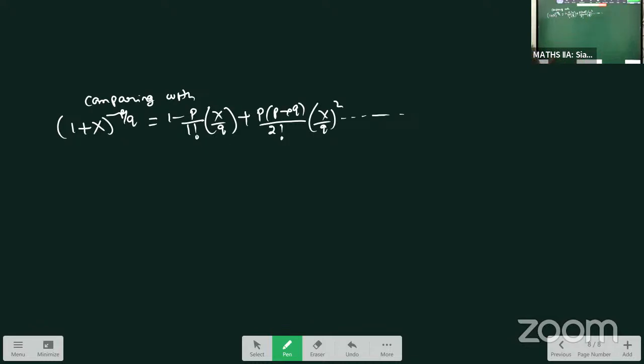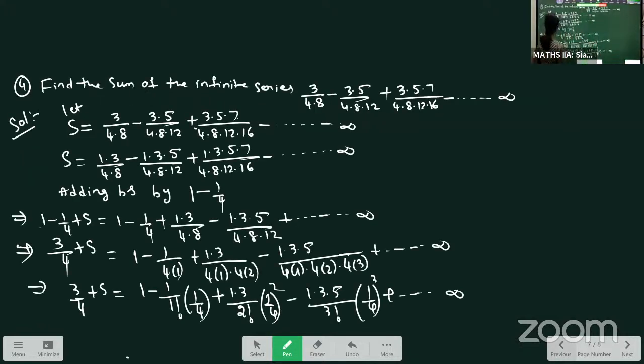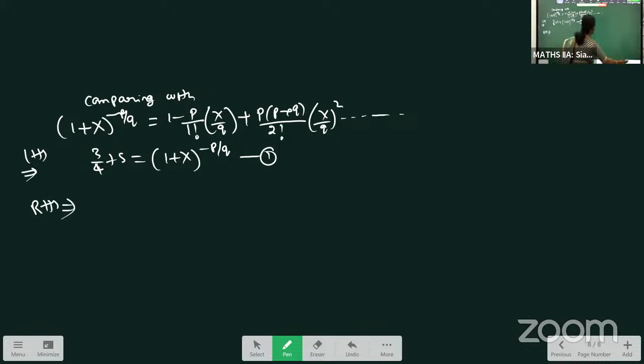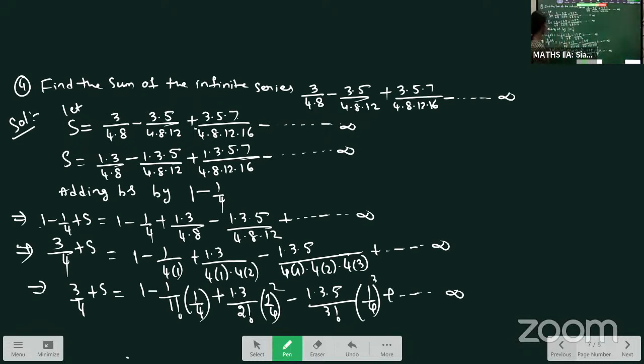First compare the LHS of both. What is the LHS of the question? 3 by 4 plus S. So 3 by 4 plus S is equal to, in the formula, the LHS 1 plus x whole to the power minus p by q. Take this as equation 1. Now compare the RHS. Both have first term 1, and the second term has minus 1, while in the formula it is minus p.